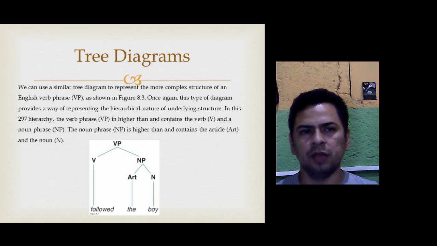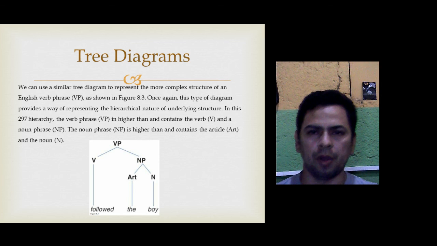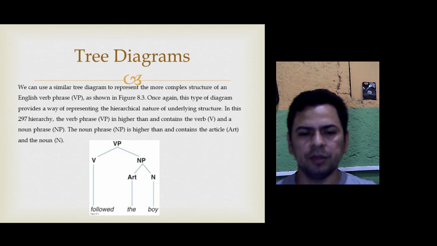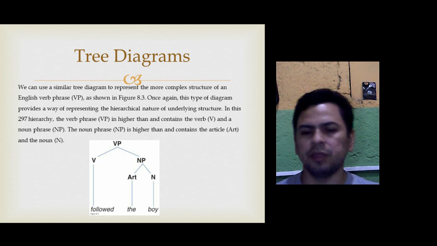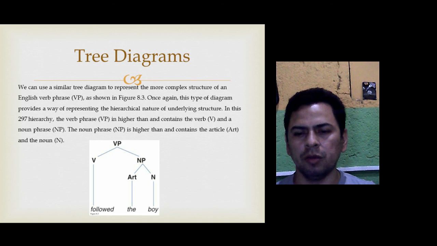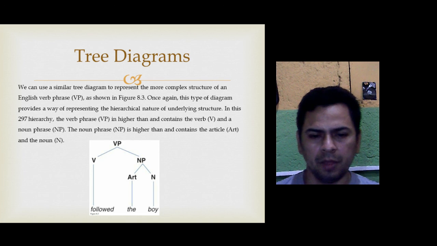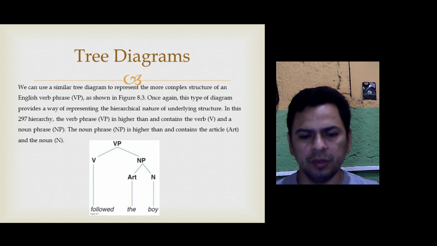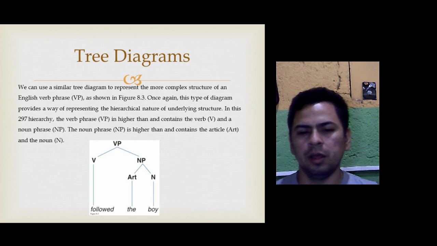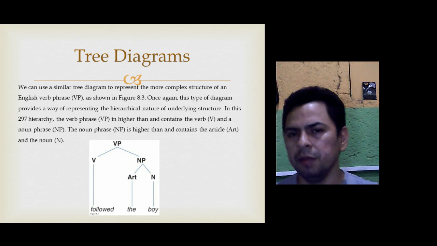In this hierarchy, the verb phrase is higher than its constituents, the verb, and the noun phrase is higher than its constituents, the article and the noun. Verb phrase, verb followed, noun phrase, article the, noun boy.